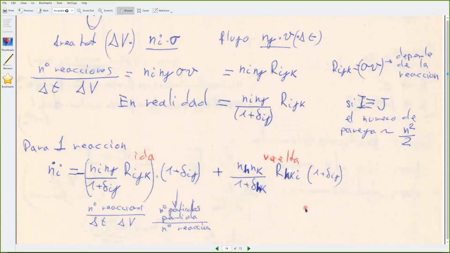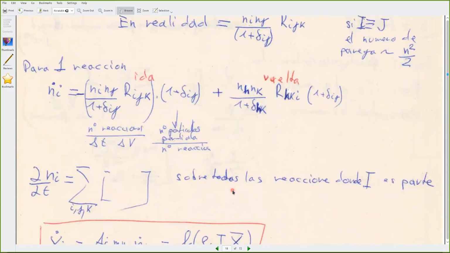Just a relation. It's a limitation of the round trip, going and going back, the direct and inverse reaction, to the balance to study what is the numerical density of a particle.